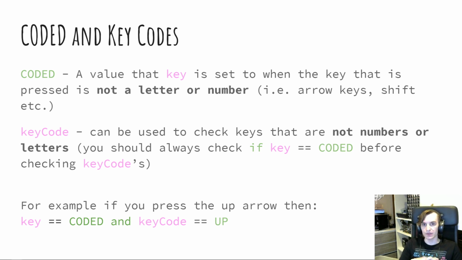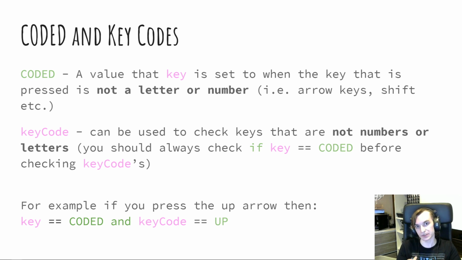So what you want to do with key code is check if the key is coded, and if it is coded, then you check the key code to see which key was actually being pressed. If you wanted to check if the up arrow was being pressed, you would check key equals coded, which checks that it's a coded key, i.e. not a letter or a number, and key code equals up.